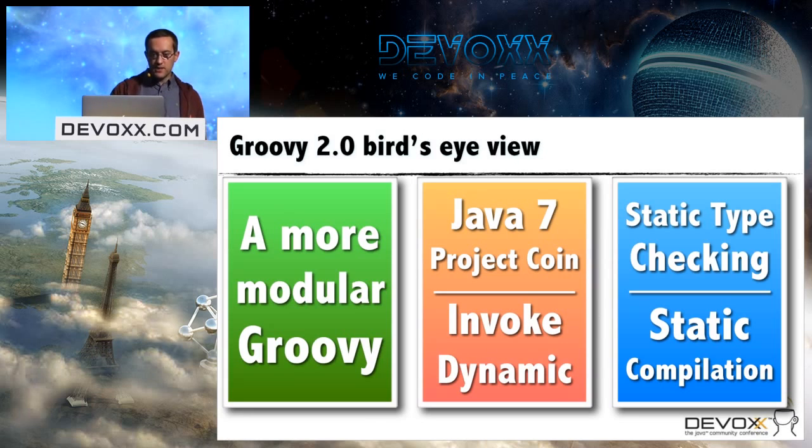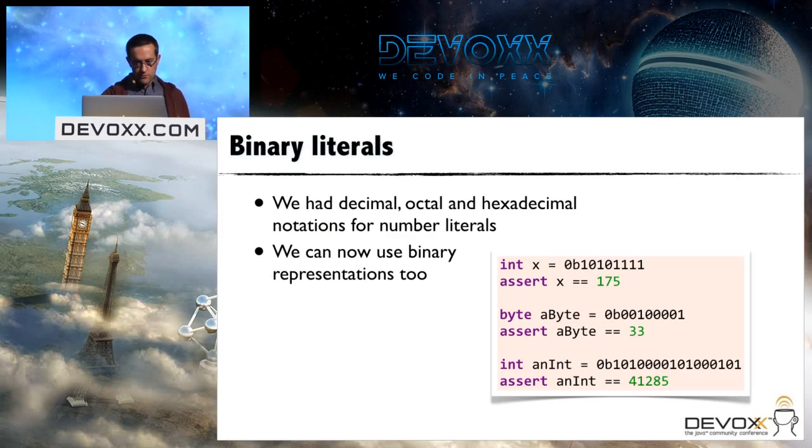So the second aspect, Java 7. We added the Project Coin enhancements, like the binary literal notation, so you can define numbers with ones and zeros with the 0b prefix.